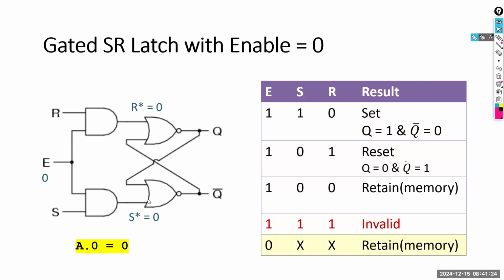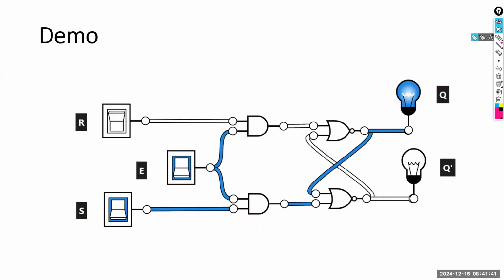So therefore it is basically the memory state. But we get into the memory state by making enable 0 this time, rather than making R 0 and S 0. Of course, R 0 S 0 is also memory, but we don't rely on that. So we can create this circuit also, because we already have the SR latch. We just need two AND gates and an additional input.